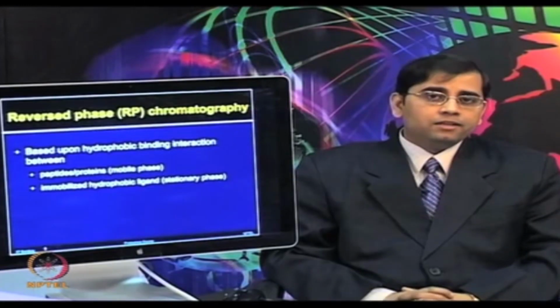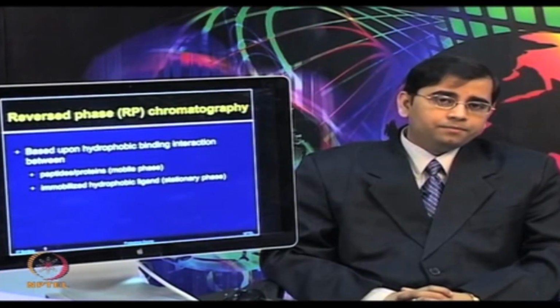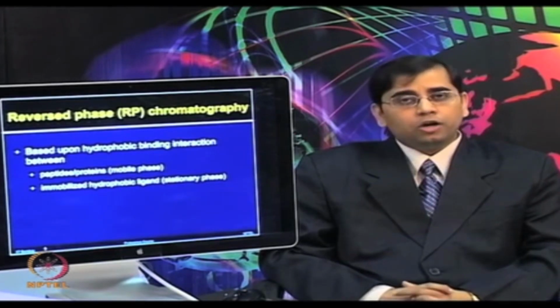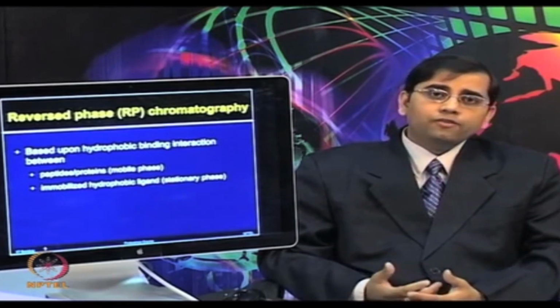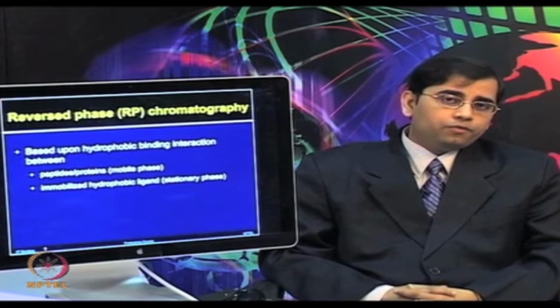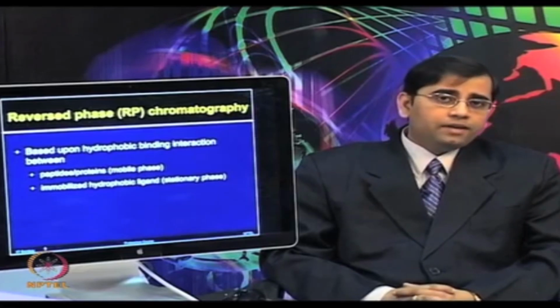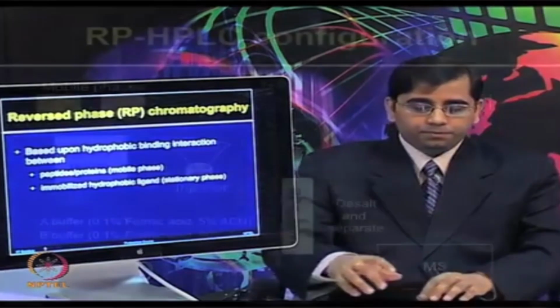By utilizing this hydrophobicity, one can separate the peptides. However, if your proteome mixture or the peptides are very complex, then one can further use another type of chromatography method, such as strong cation exchange, as well as different types of multi-dimension separation can be employed.